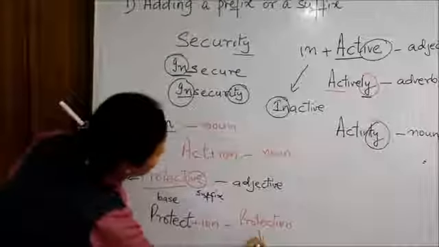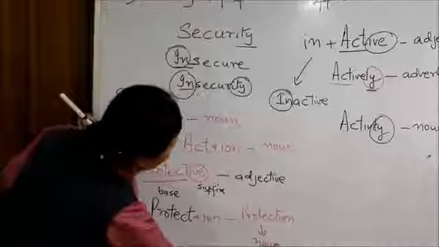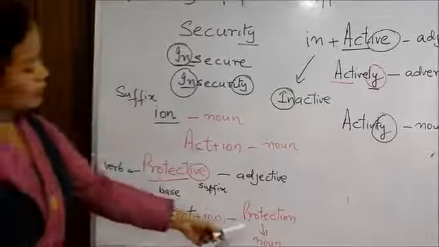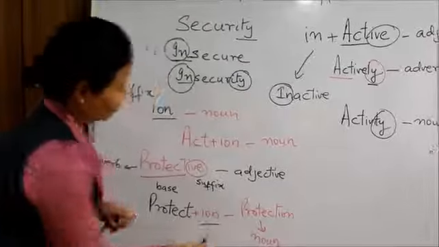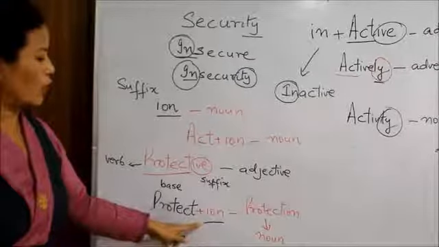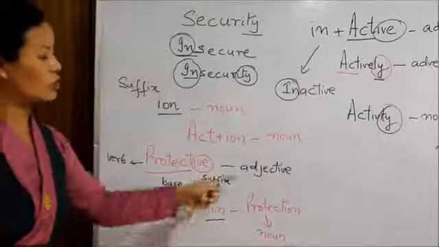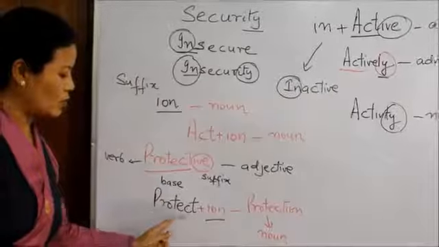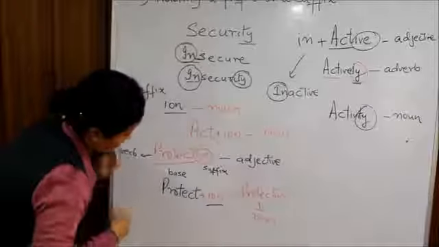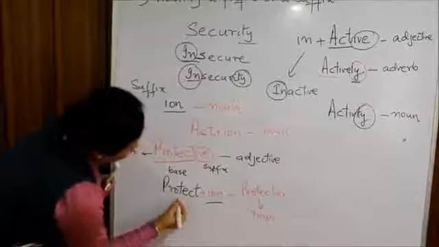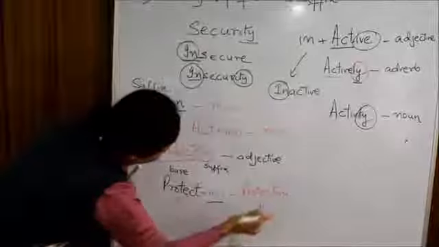Now this becomes a noun, because ION usually changes a word into its noun form. Protect is the verb, and this is the noun.